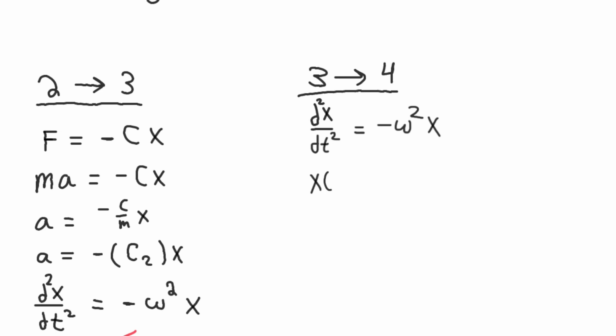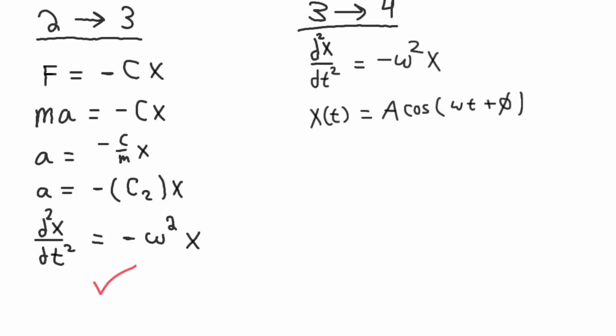So we want to show that x of t equals A times cosine of omega t plus phi. And this is a very easy thing to do with differential equations because we have the answer. The hard part is finding it. Well, we're saying here's a candidate that solves this differential equation. Does it work? Let's see.